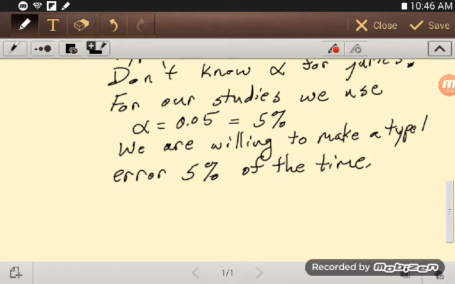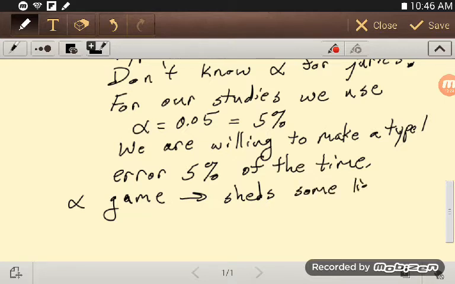Now, for the prelude to this module, you were supposed to play the alpha game, and the alpha game kind of sheds some light on 5%.